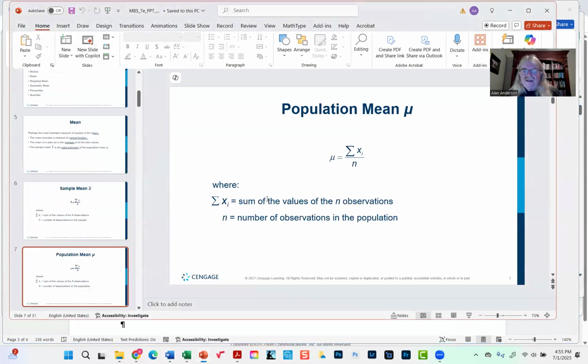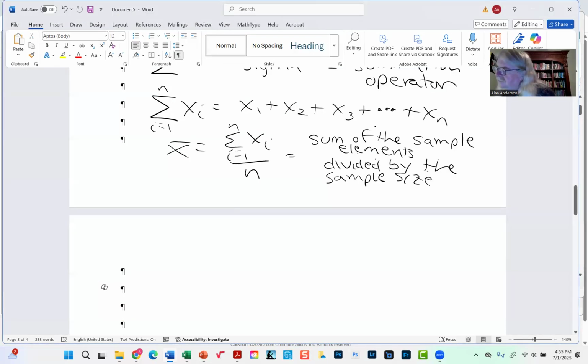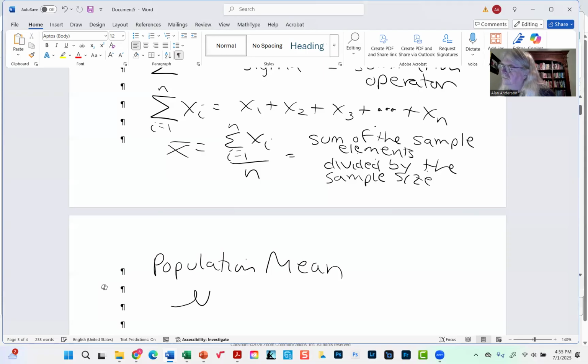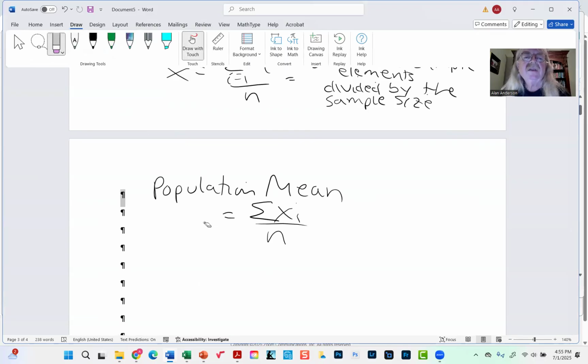Now, it turns out that the population mean has almost an identical formula. And it does. It's the same exact formula. The only difference is that we are being told that this represents the population mean as opposed to the sample mean.